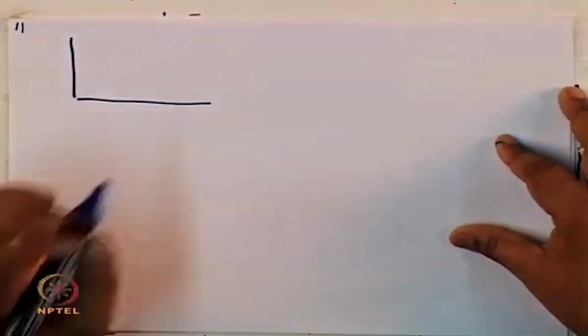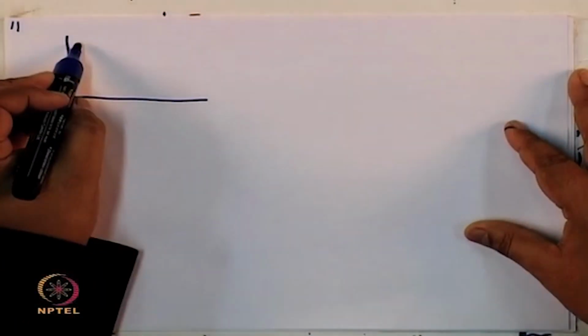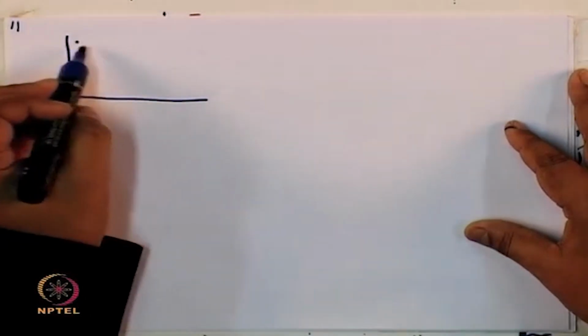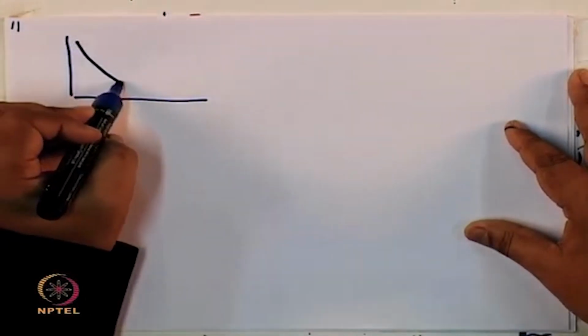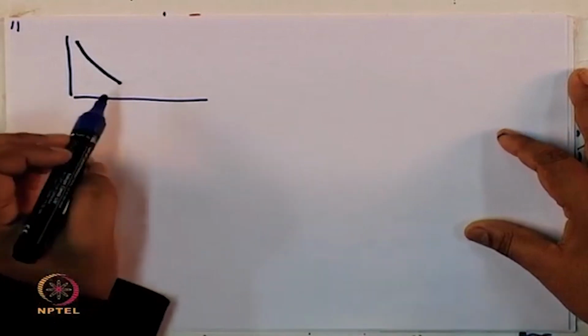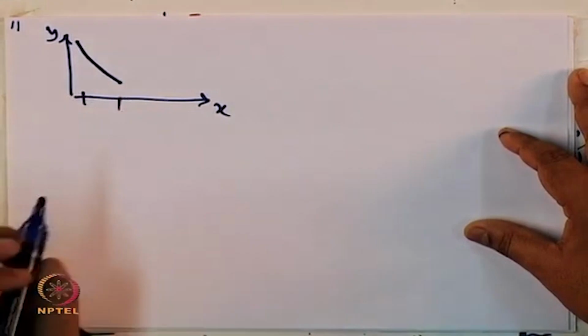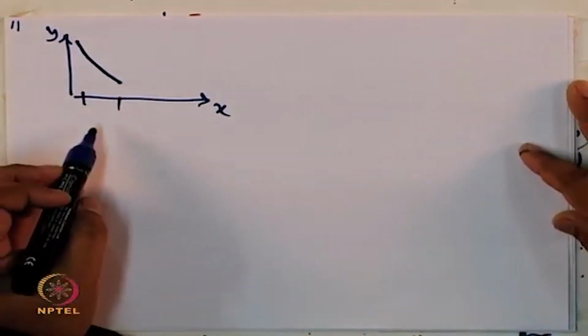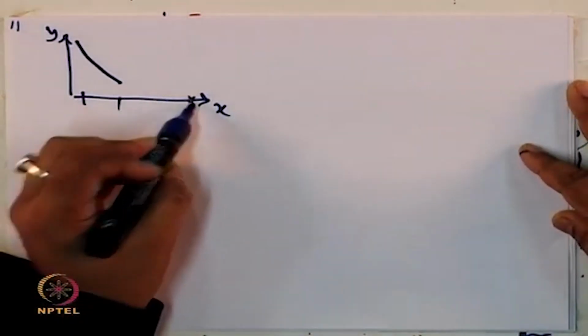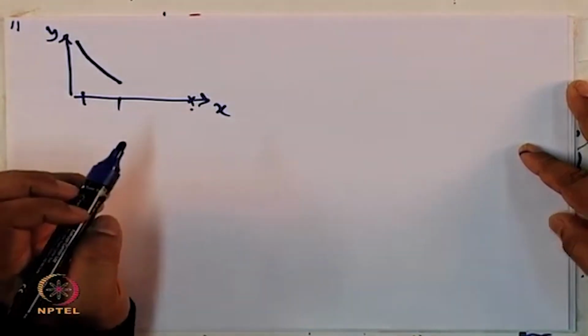The problem with extrapolation is this. Let us take an example. Imagine my curve is something like this, and this is my x, this is my y. This is the regime within which I have collected my data, and I want to know the value of y at this particular value of x.